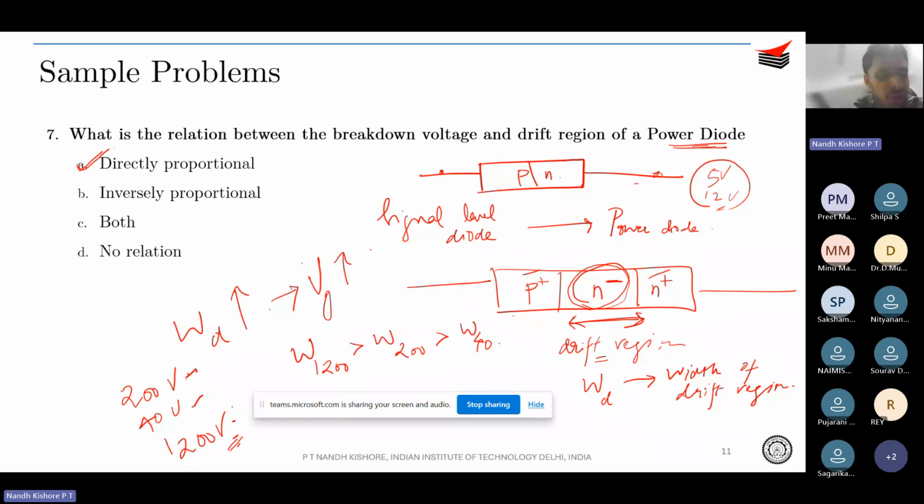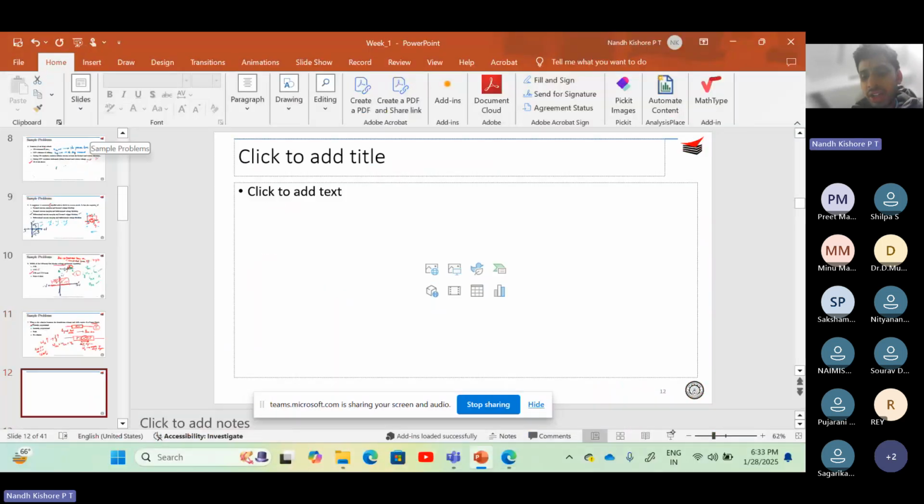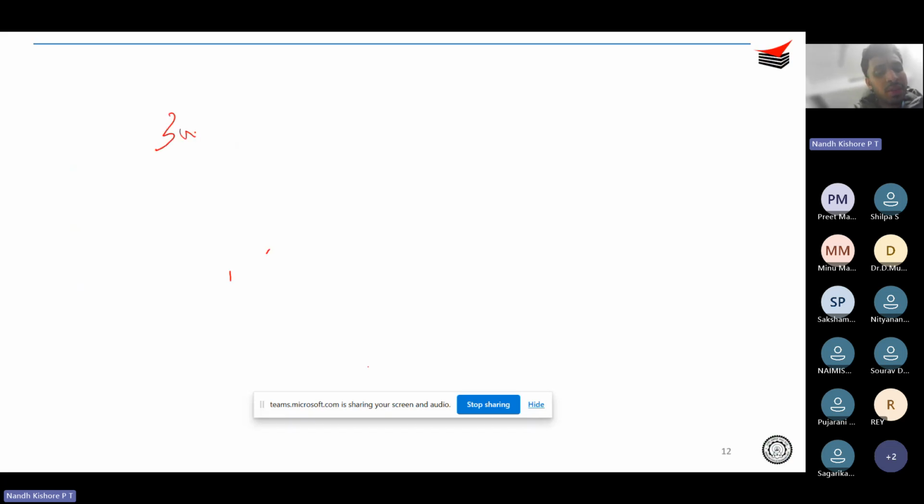You may ask, why not use diodes with high voltage blocking capability for all applications? Let's say I have an application requiring 300 volts. Generally, people use devices rated for perhaps 450 or 500 volts. Why not use a 1200 volt diode for a 300 volt application?